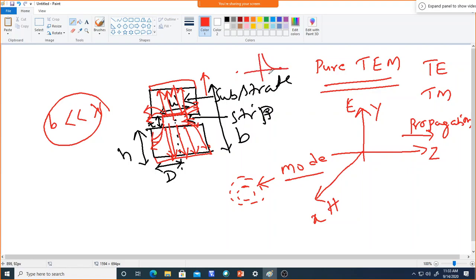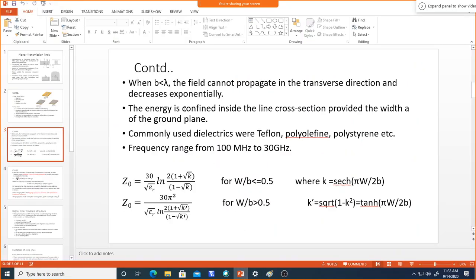When B is less than lambda, the field going from the central conductor to the ground plane decays exponentially. This is a condition you need to take care of while designing the strip line. The energy is confined inside the line cross section, within the width A of the ground plane.